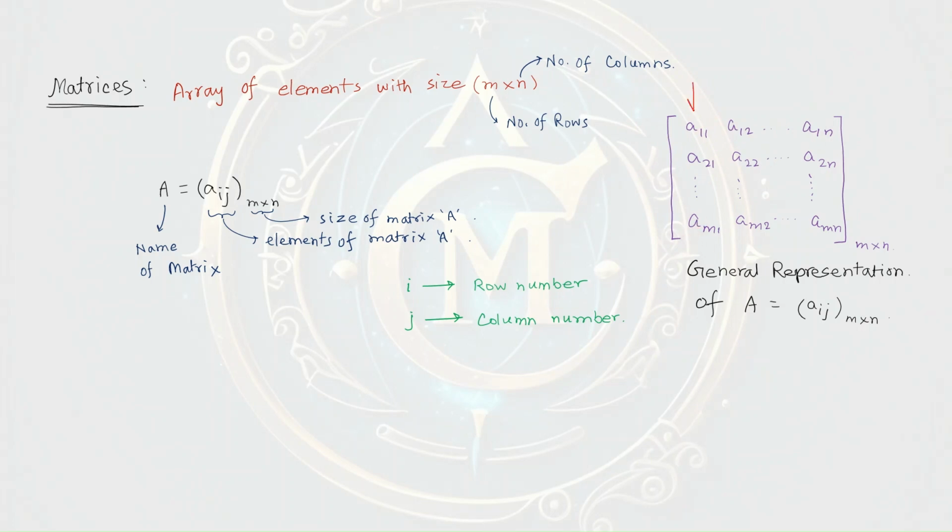Columns are vertical and rows are horizontal. Similarly, this element corresponds to the first row and second column, so it is A12. Similarly, this is true for the other elements. Let's proceed.